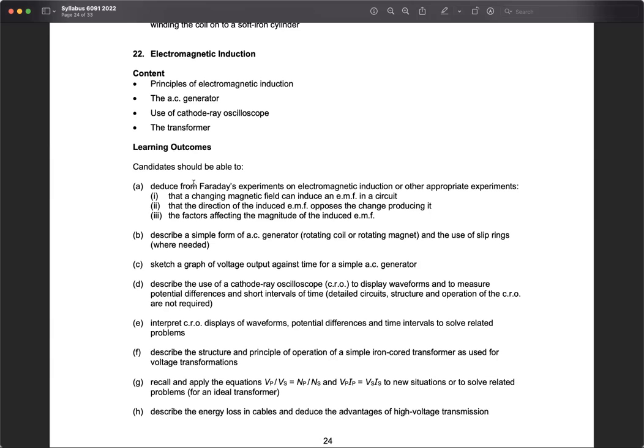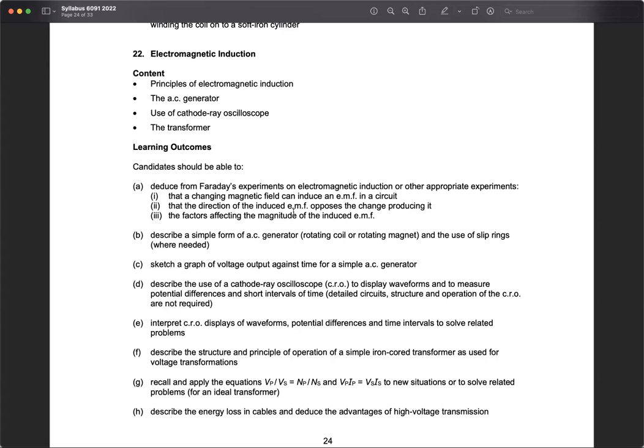First of all, you need to deduce from Faraday's experiment on electromagnetic induction that when there's a changing magnetic field, it can produce an EMF in a current. That is how electricity is produced.